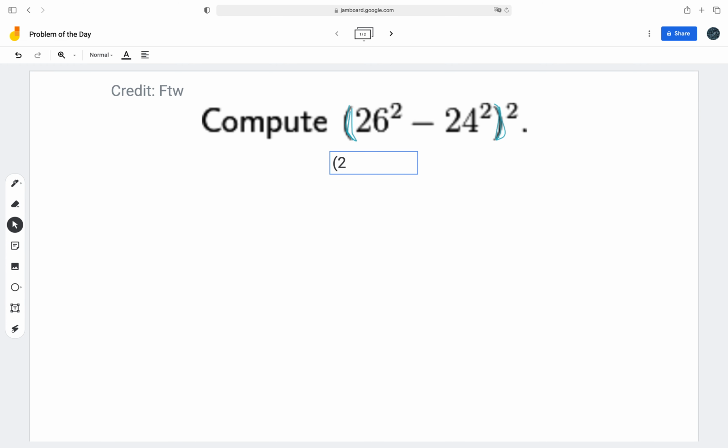So that would be 26 plus 24 times the quantity 26 minus 24. We can simplify that as 26 plus 24 is 50, times 2 equals 100. So going back to our original problem, we have 100 squared, just add in our two zeros.